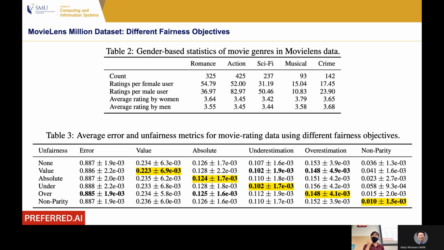And optimizing the non-parity again causes an increase or no change in all the other unfairness metrics. So the non-parity is actually a very weak metric, and it doesn't have much effect on the other metrics. That is the observation from this experiment.